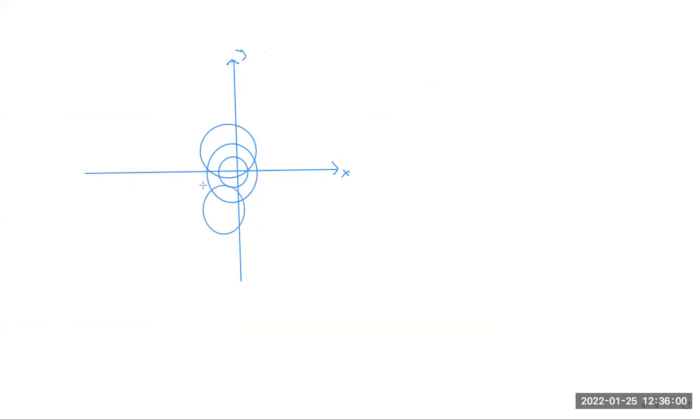So the diagram is coming. This is the x-axis. This is the y-axis. The circles are also the same. First one, another one. Okay, so this intersects another point also, like this pattern.